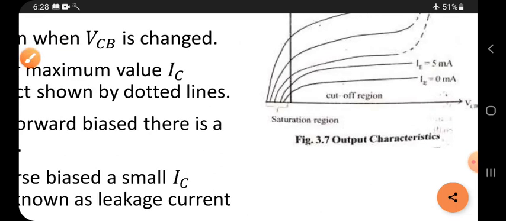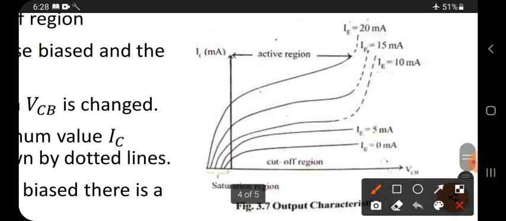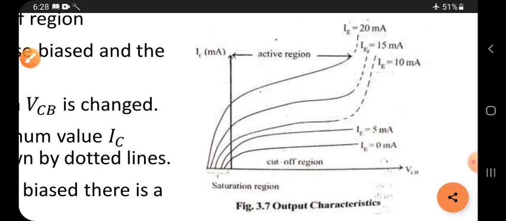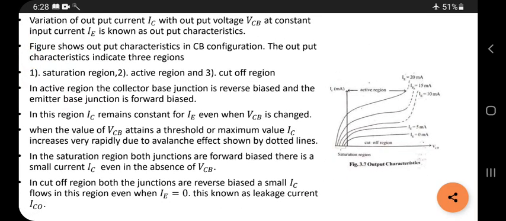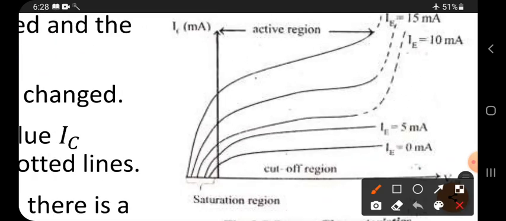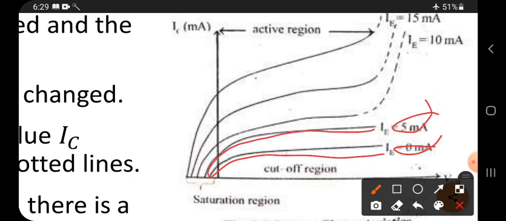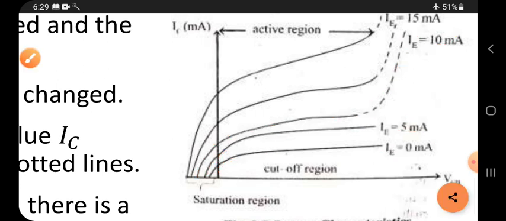See, these are the dotted lines. As the input current we kept constant, first is 0, and we get this one, and again if we increase, we get an increase in values, and here we got extra current, saturation current.